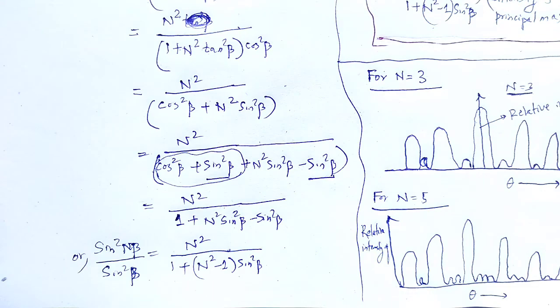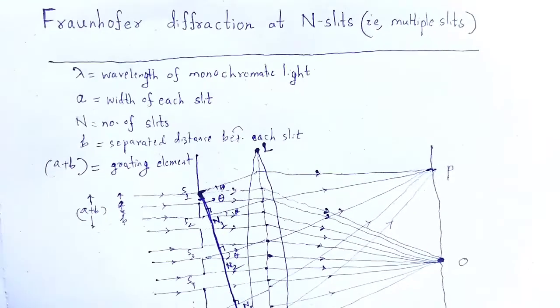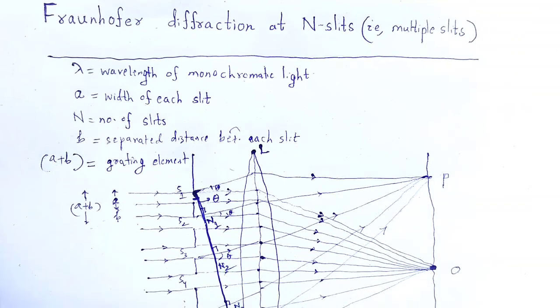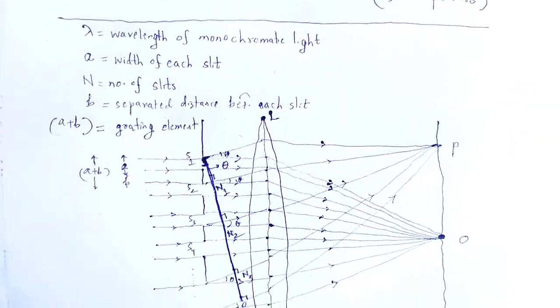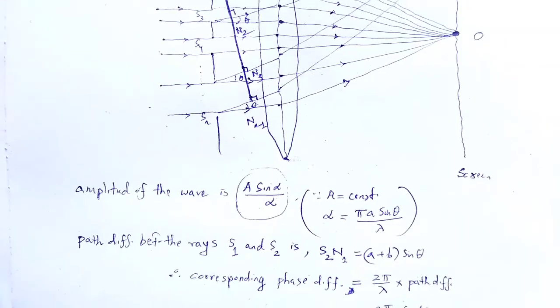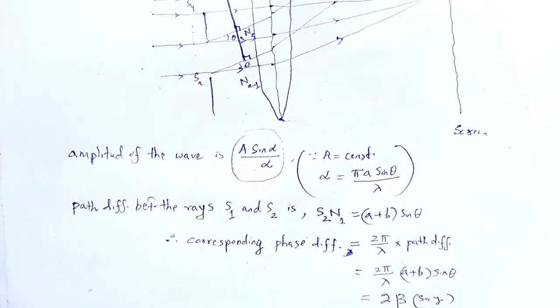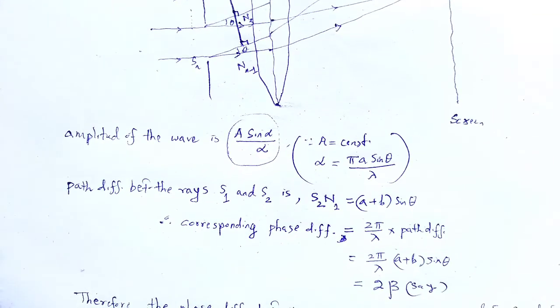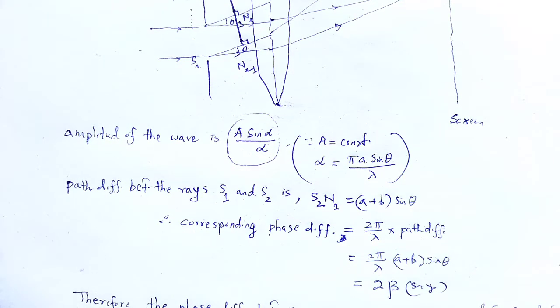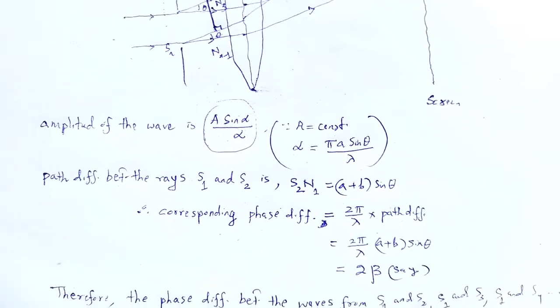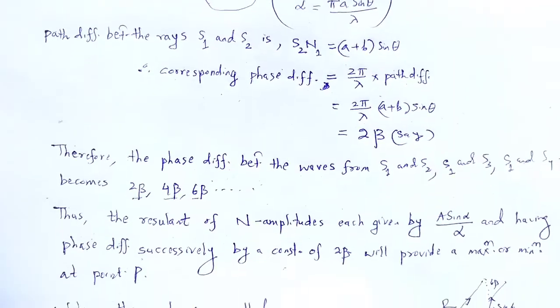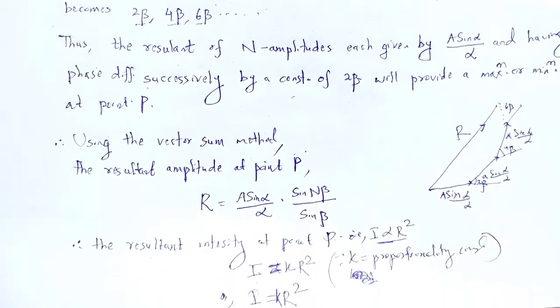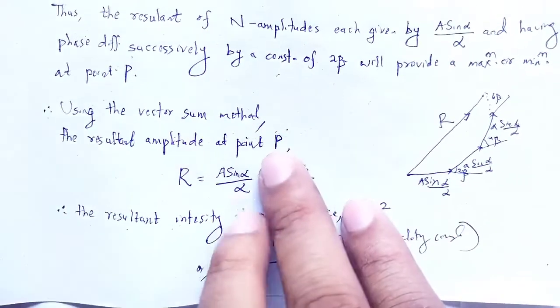So with the help of this video lecture, we understand Fraunhofer diffraction at n number of slits. We can say that is the multiplicity of slits. The same mathematical procedure we adopt as we apply in the case of Fraunhofer diffraction at single slit and double slit, to get the resultant amplitude.